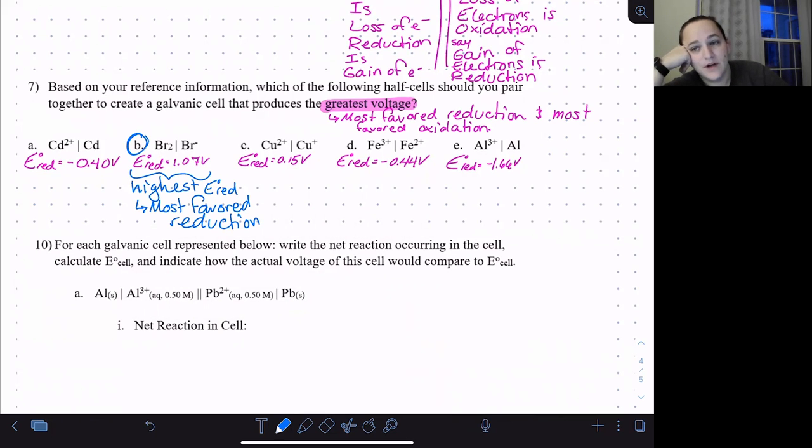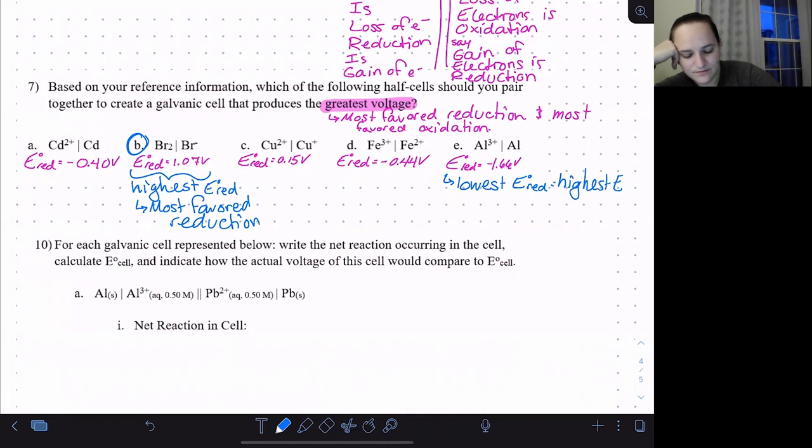And then our most favored oxidation, since oxidation and reduction are opposite processes, is going to be our least favored reduction, which means our lowest standard reduction potential, because when we change the sign, that is going to become our highest standard oxidation potential. So going in the oxidation direction will be our most favored oxidation process.